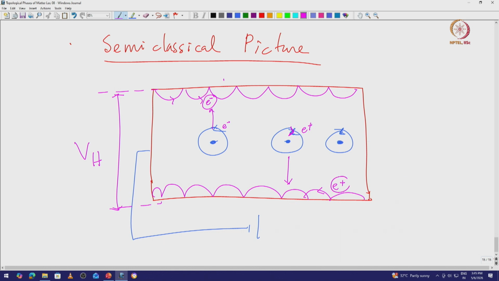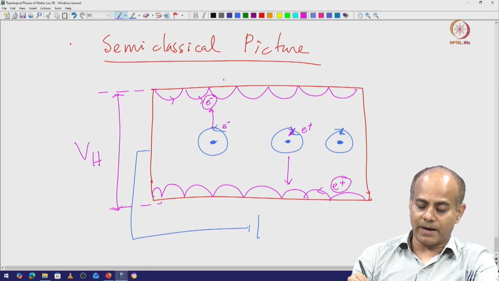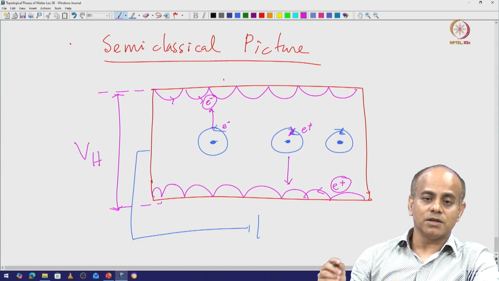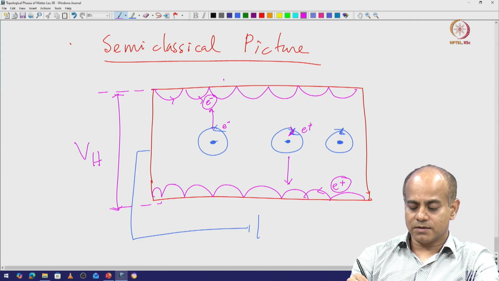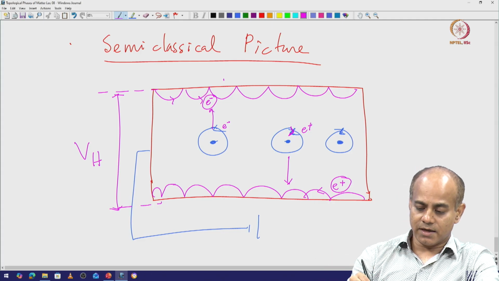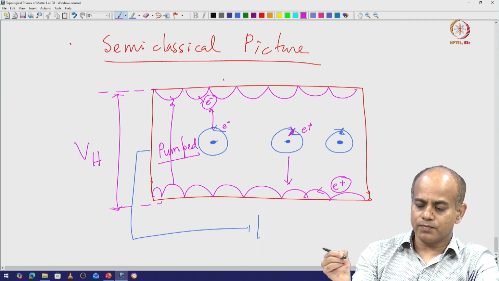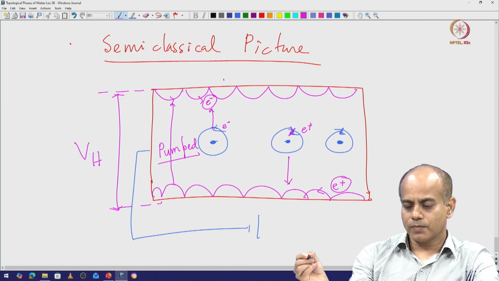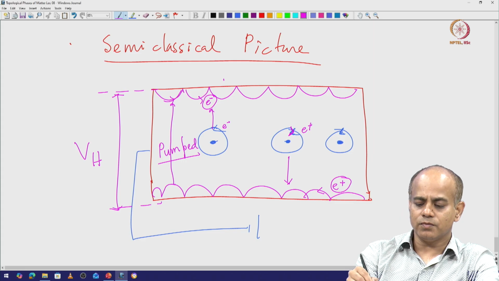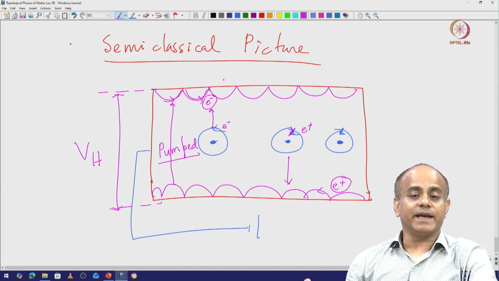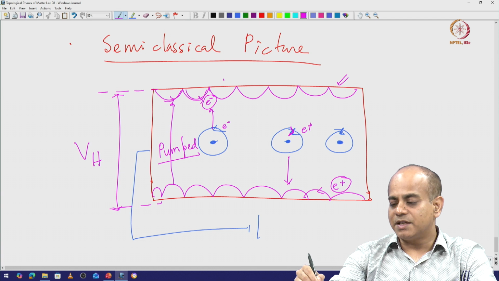So, you are left with positive charges or holes. So, there is an electron flow that has happened which is opposite to the direction of the electric field, and here they have been moved or pumped. And once they hit the edge, then they move along the edge. So, you get a metallic edge.